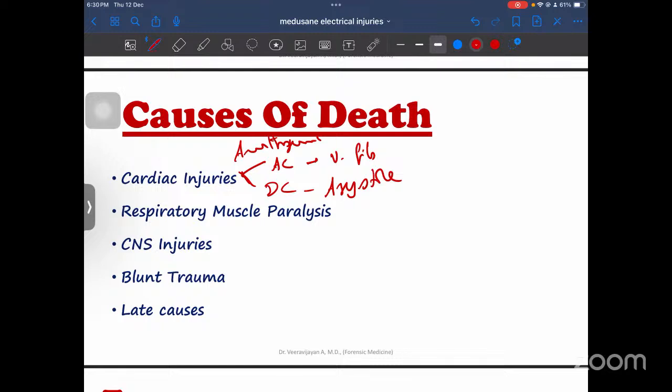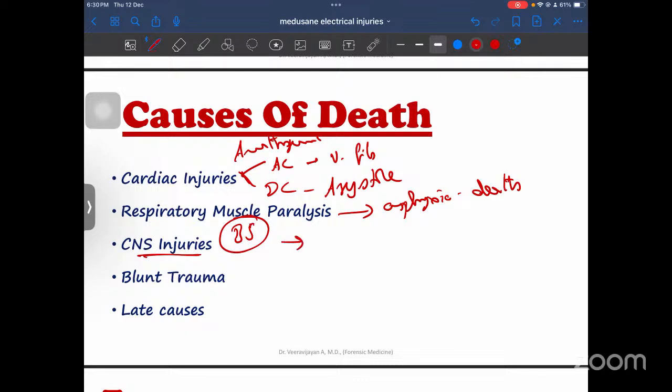Another one is respiratory muscle paralysis. Sometimes current flows in our thoracic cavity. It produces spasm of respiratory muscles or tetanic contraction of respiratory muscles. It causes asphyxia and death. In CNS, that means if the current flows through the brainstem, the important structure in the brainstem is the respiratory center. It damages the respiratory center.